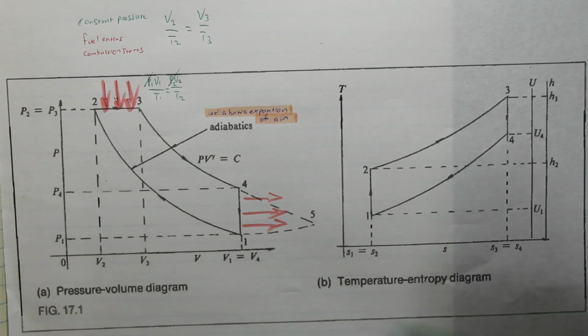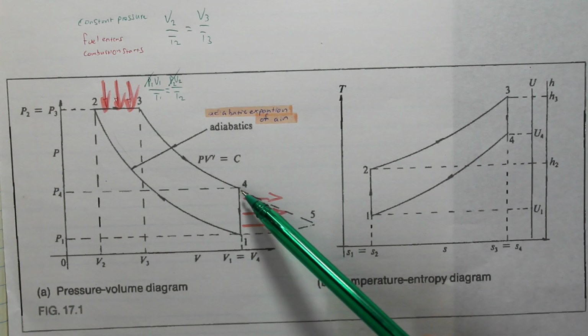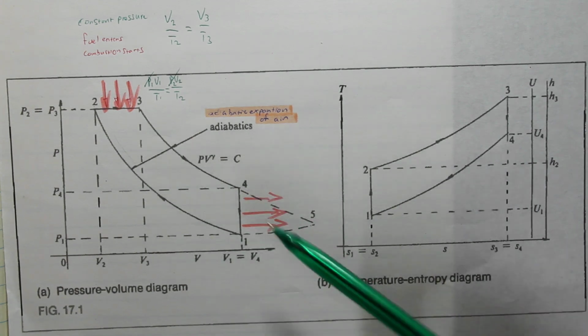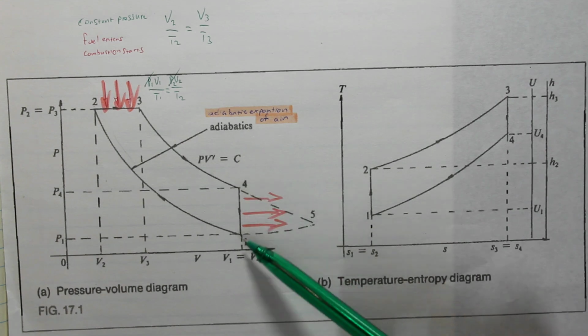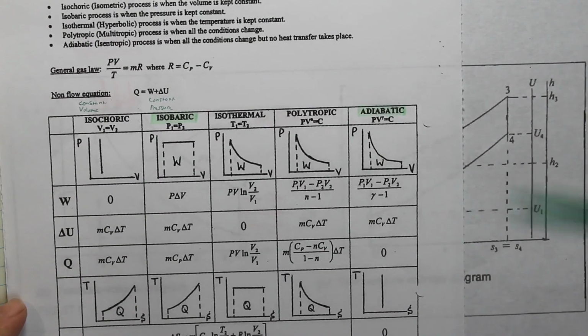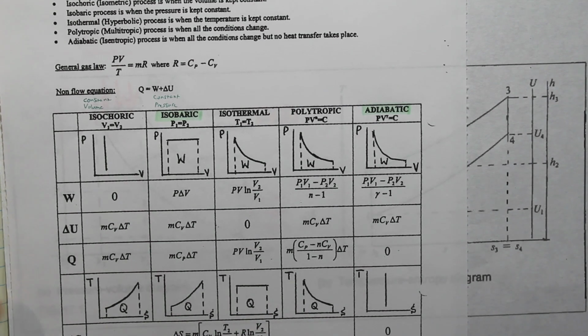That's super hot now. Then we go down to position 4, and to get the pressures, temperatures, and volumes from 4 to 1, again, what type of process is this? If you just look at the cheat sheet again, it's a constant volume process.